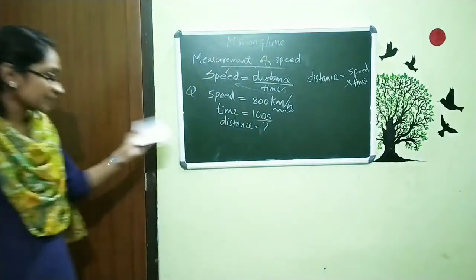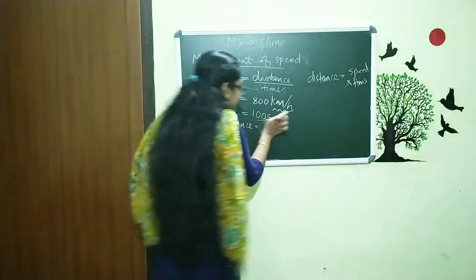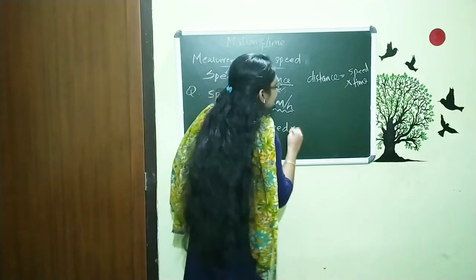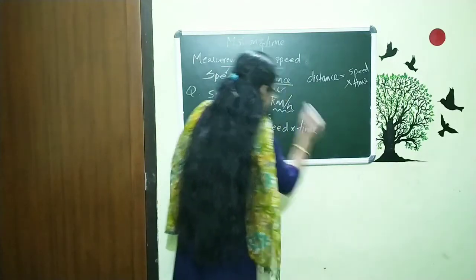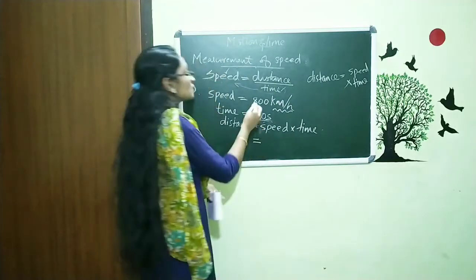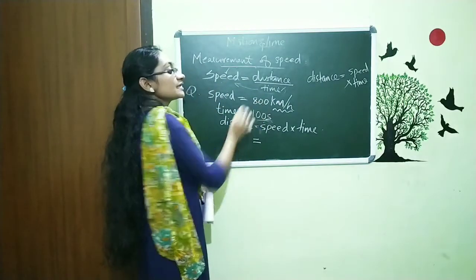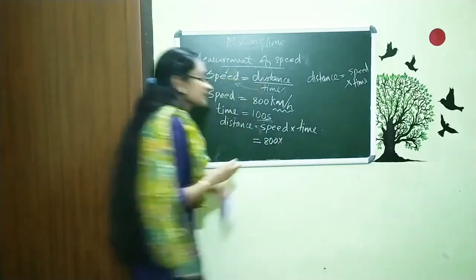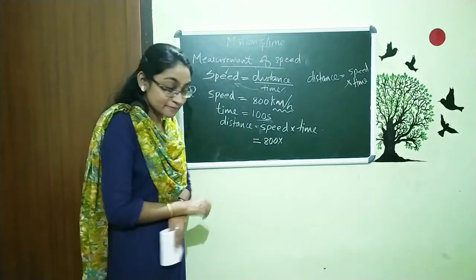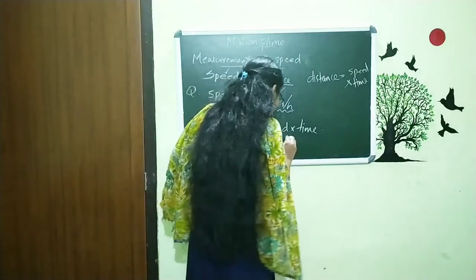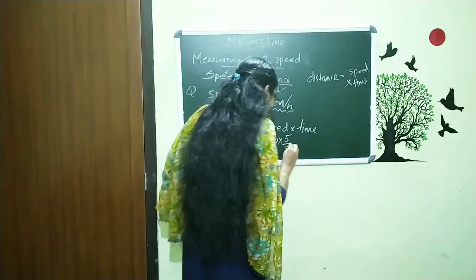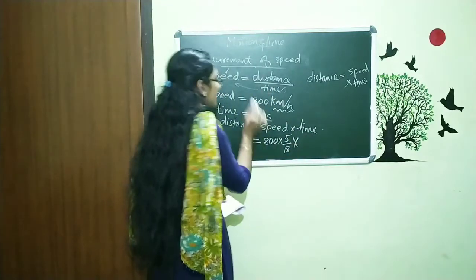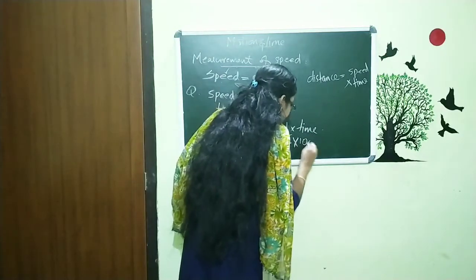So here we want to find the distance, and we know the equation: distance is equal to speed into time. The speed is in kilometer per hour, 800. How can we convert this? We multiply it by 5 by 18. Into this, the time is 100 seconds.